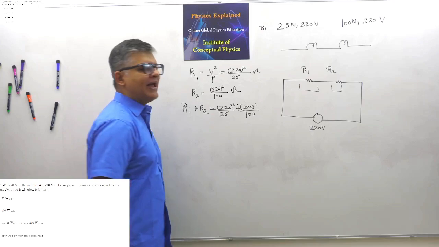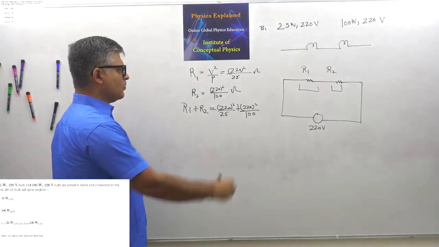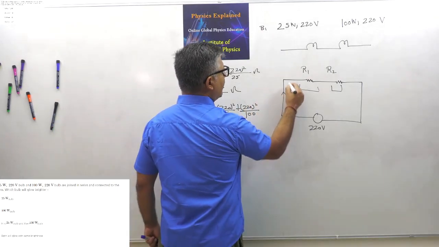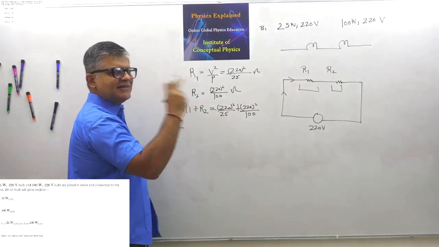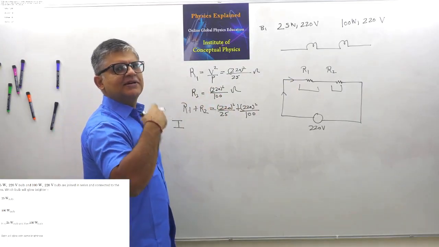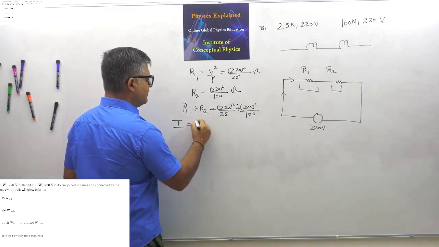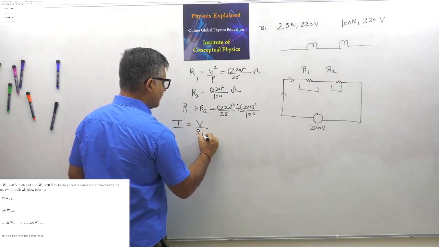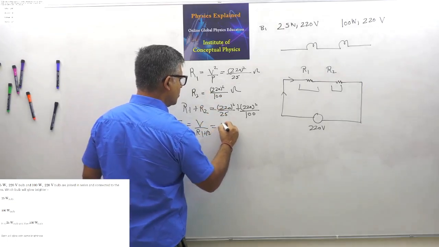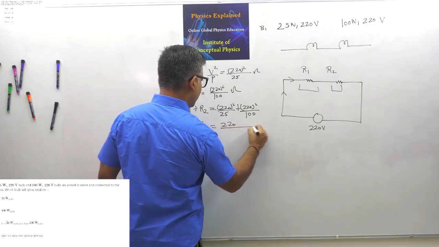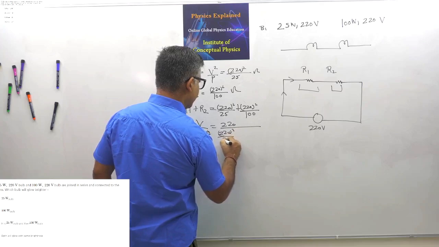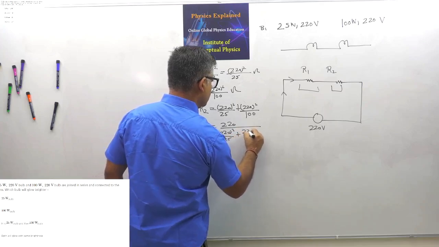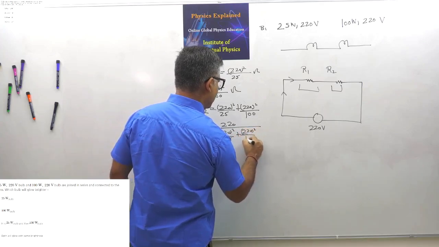This is the combined resistance when they're connected. What is the current in the circuit? We apply Ohm's law. They're in series, and therefore the current is the same. The current will be V divided by R1 plus R2, which is 220 divided by 220 square over 25 plus 220 square over 100.